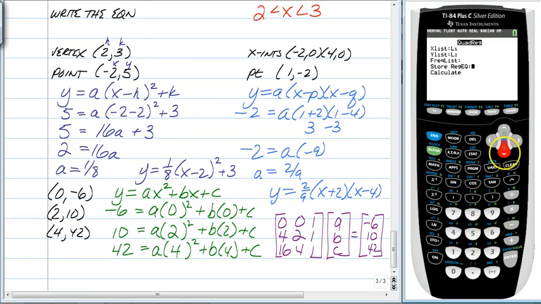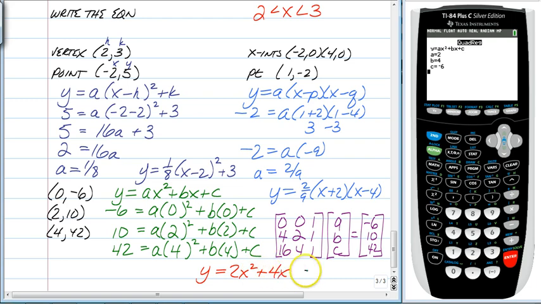Go down, click Calculate, and we are going to get an A of 2, a B of 4, and a C of negative 6. So we know that the final answer to this, even if you did inverse matrices, would be y is equal to 2x squared plus 4x minus 6, and you are good to go.